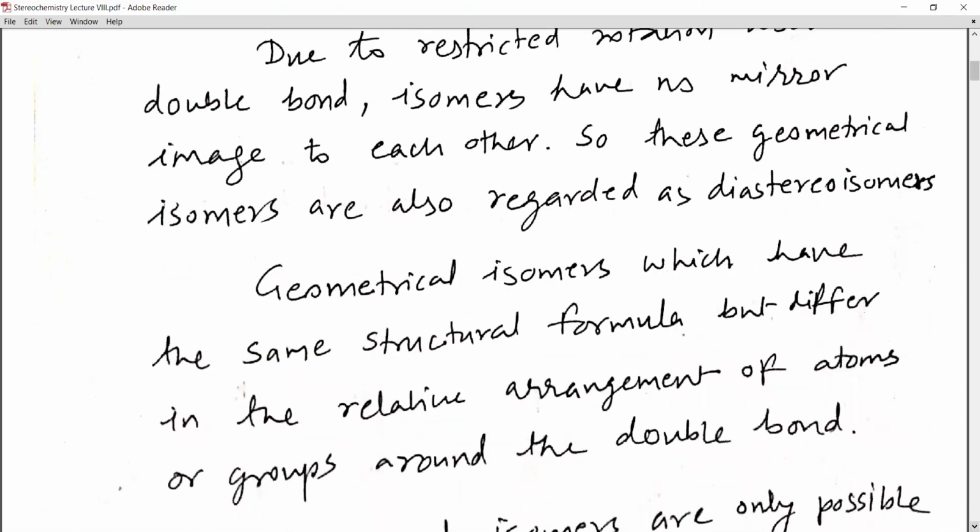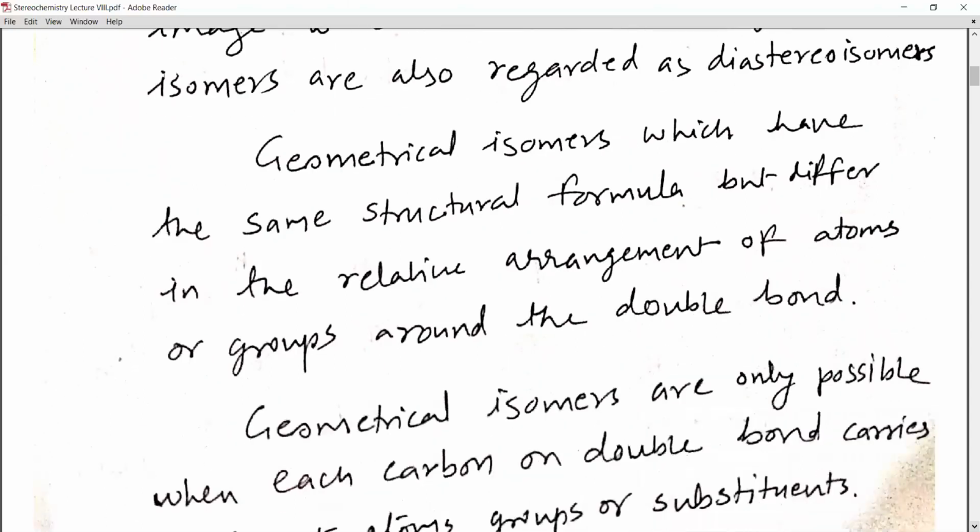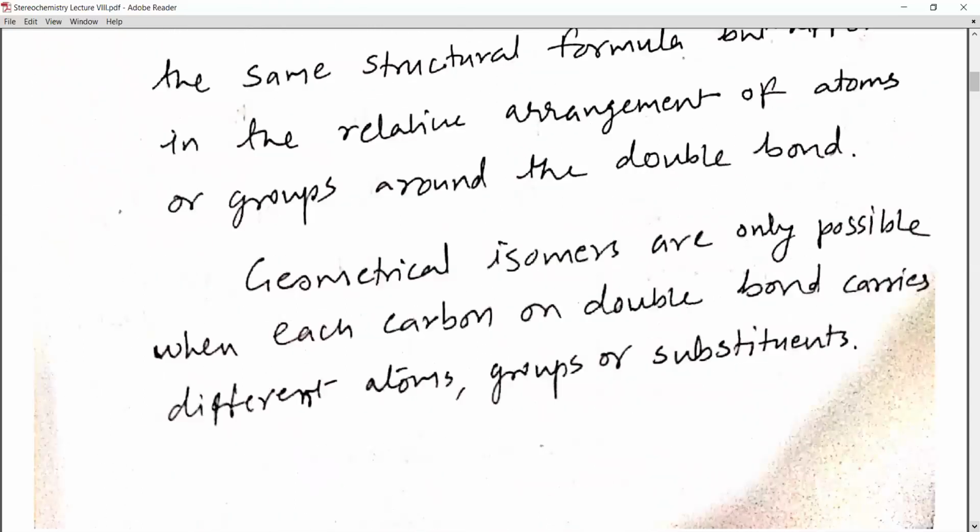Geometrical isomers have the same structural formula but differ in the relative arrangement of atoms or groups around the double bond. Geometrical isomers are only possible when each carbon on the double bond carries different atoms, groups or substituents.